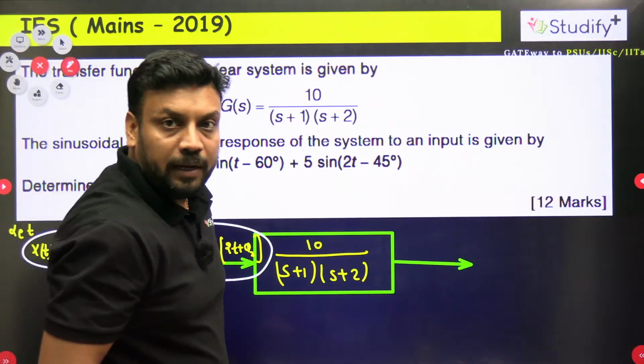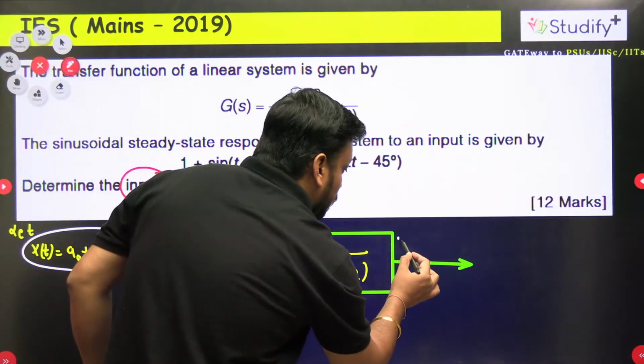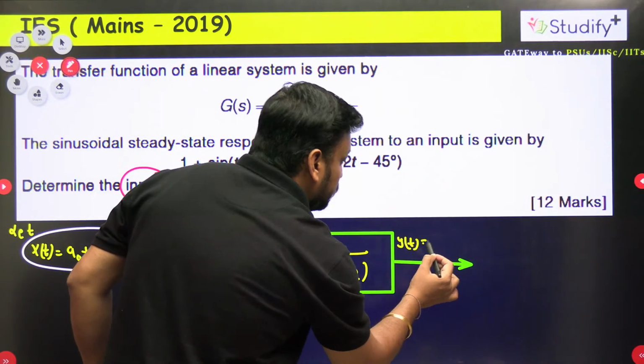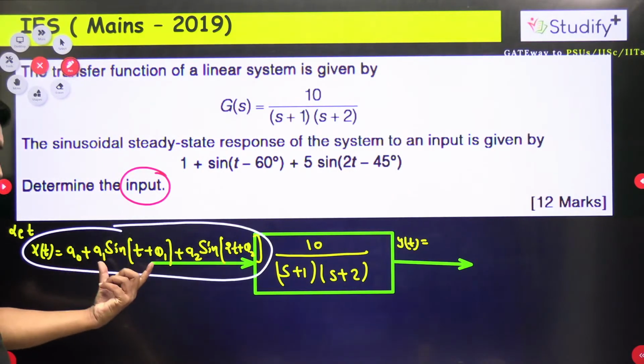Now tell me guys, if this is the input I assumed, then according to the concept what should my output be? You can treat this input as x1(t), x2(t), x3(t), like that.